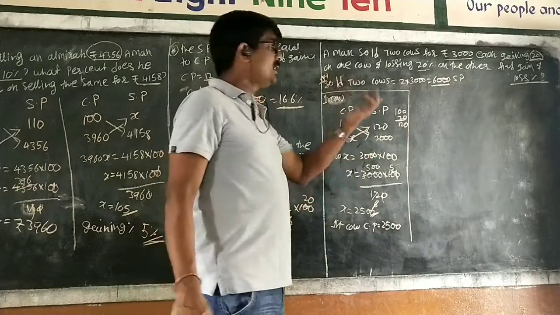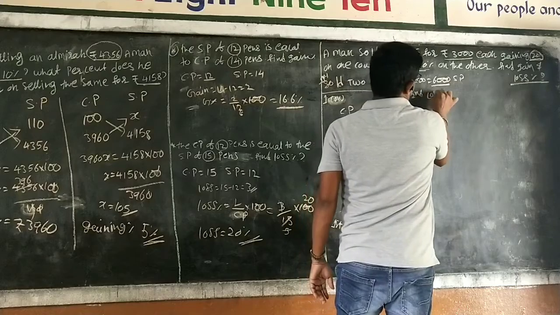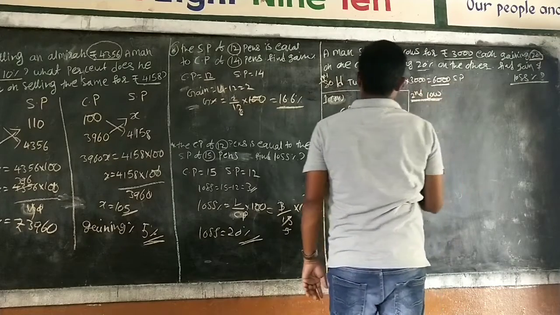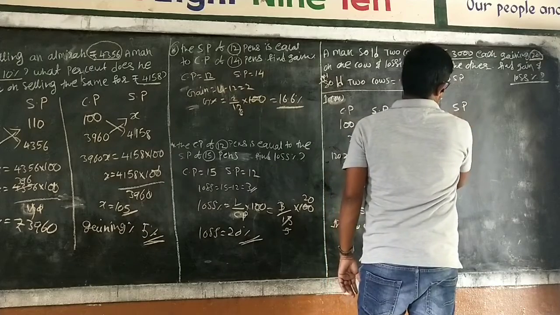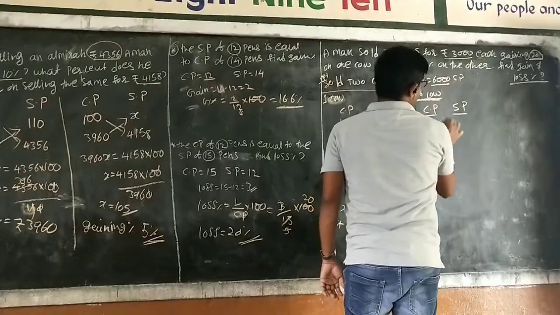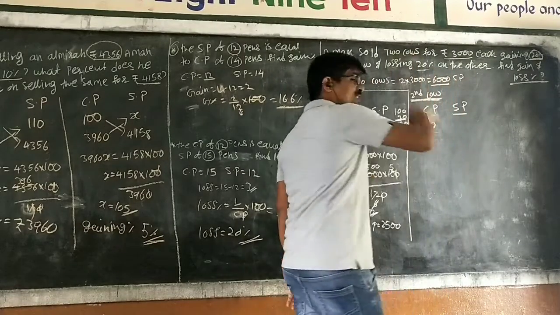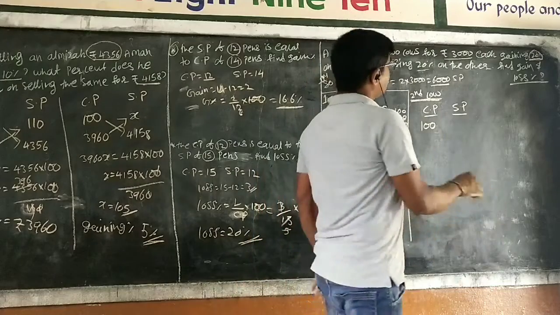For the second cow, we have to find the cost price, given the cost price and selling price. Cost price is 100. Selling price means he is losing, and losing means subtraction.